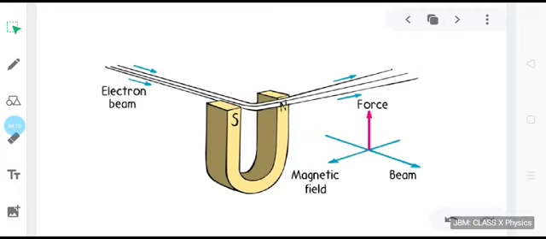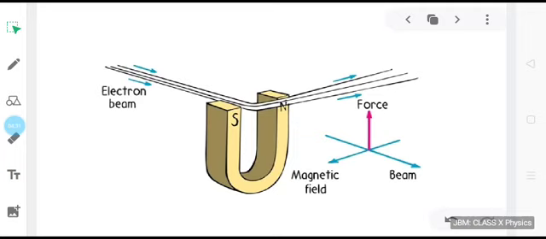So actually this interaction that I am talking about is taking place due to the motion of these electrons and the magnetic field set up by this horseshoe shaped magnet. In this present case we are using a horseshoe shaped magnet. So whatever interaction is taking place, due to that this electron beam is getting deflected.